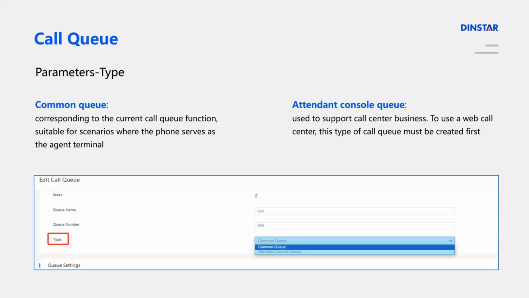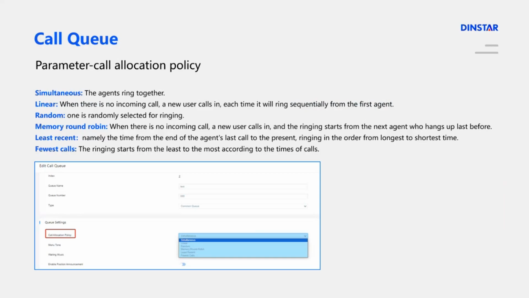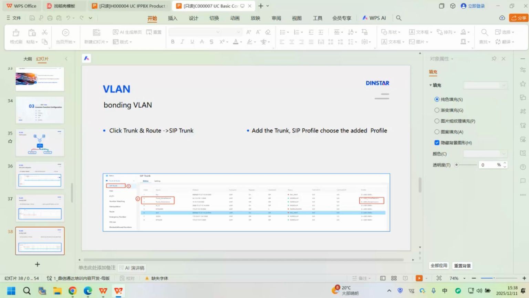And pick a call allocation policy, that means how the calls are assigned to the agents. And then we choose the agent members, the extension agents in the queue. Let's check it.